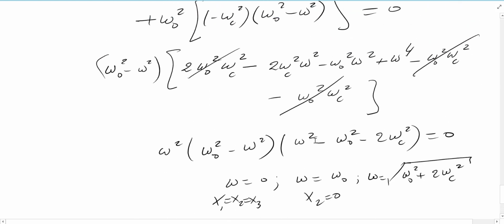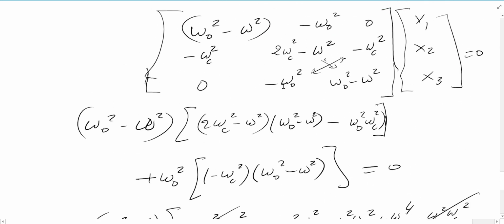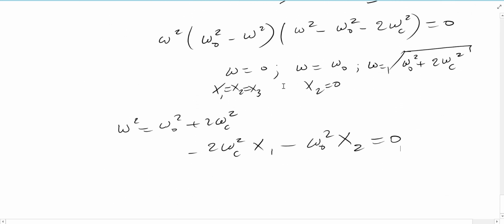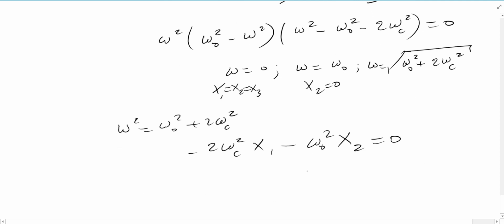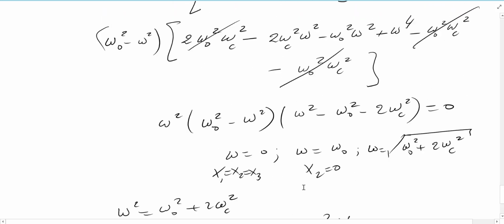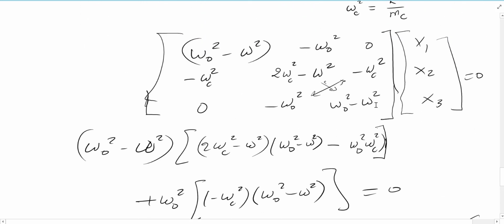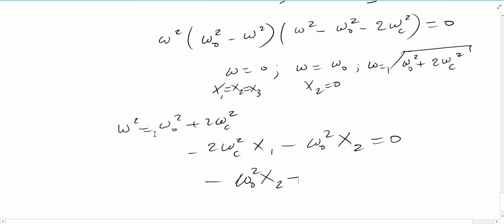The last equation is going to be identical, except it's going to link x2 and x3 together. X2 and x3, yes. So it's going to be minus omega naught squared times x2 minus, again, I have omega naught squared minus omega squared, which is just going to be minus that same number, minus 2 omega c squared times x3 is equal to 0.